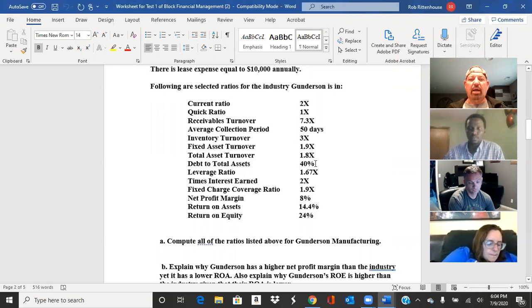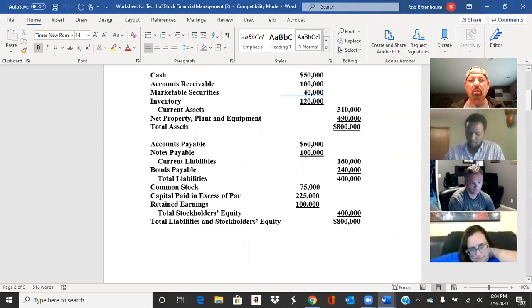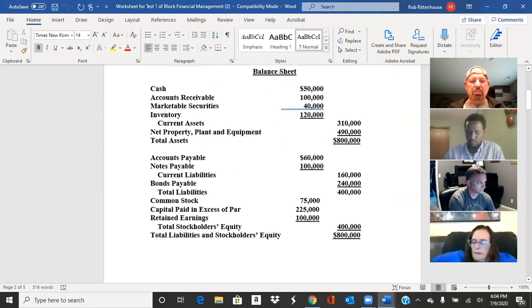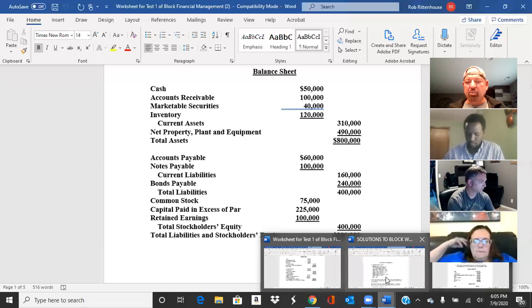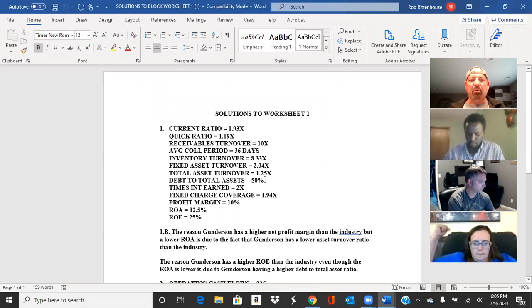Debt to total assets. That's total liabilities divided by total assets. Well, looking at the balance sheet, your total liabilities are 400,000. If we divide that by total assets of 800,000, 400,000 over 800,000, of course, gives us 50% as the debt to total asset ratio.